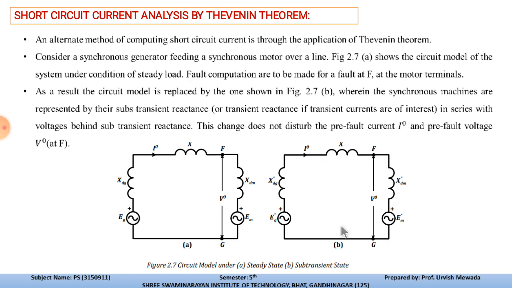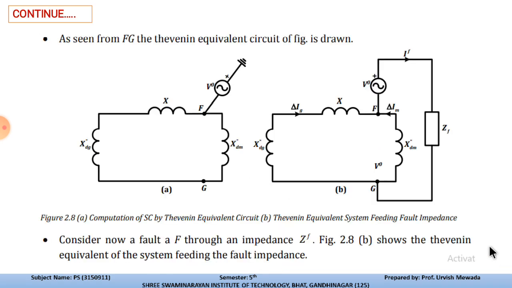In this diagram, at the point where the fault will take place, at the time of sub transient the reactance will change from X to X double dash. This is the sub transient period of the system, where the fault takes place on the motoring side. Now, as seen from the fault point F and ground, the Thevenin equivalent circuit is drawn.